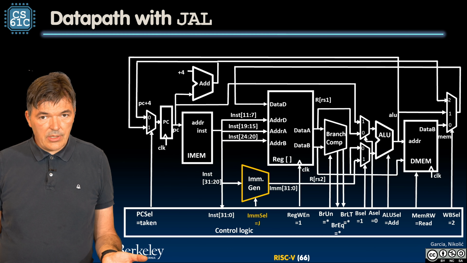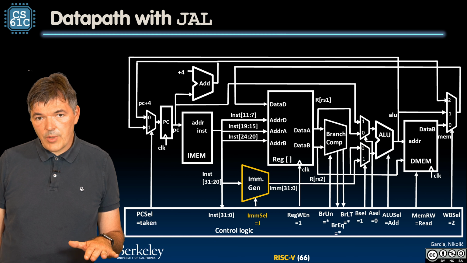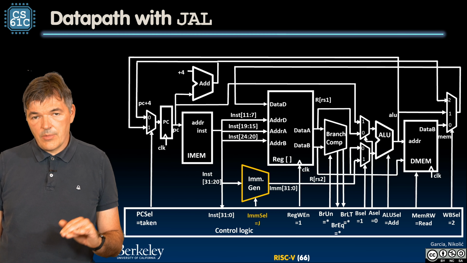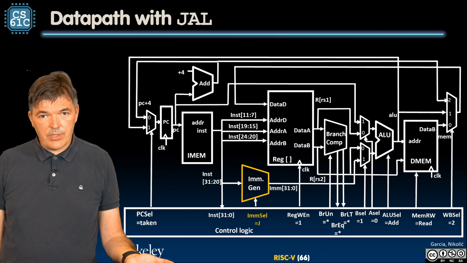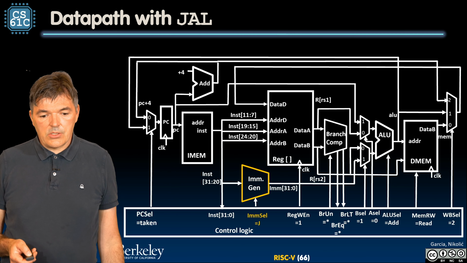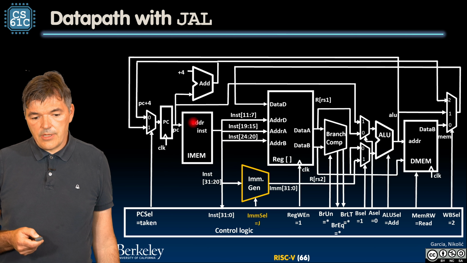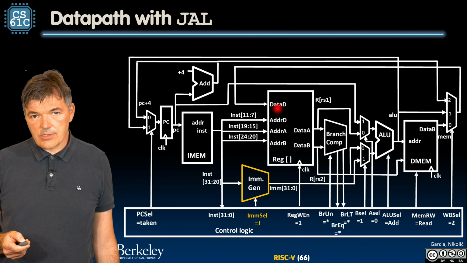So when we look at the data path, we have two mechanisms that we are borrowing from JALR and branch to implement JAL. The first thing that we need to do is save the value of PC plus 4 in the destination register RD.